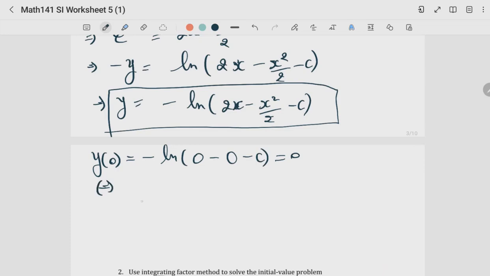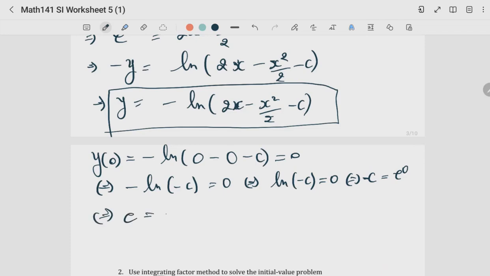So we have basically minus ln of minus c is equal to 0. It just means that ln of minus c is equal to 0, which just means that minus c is equal to e to the 0, which means that c is equal to minus e to the 0, which is minus 1. So our constant c of integration is minus 1.